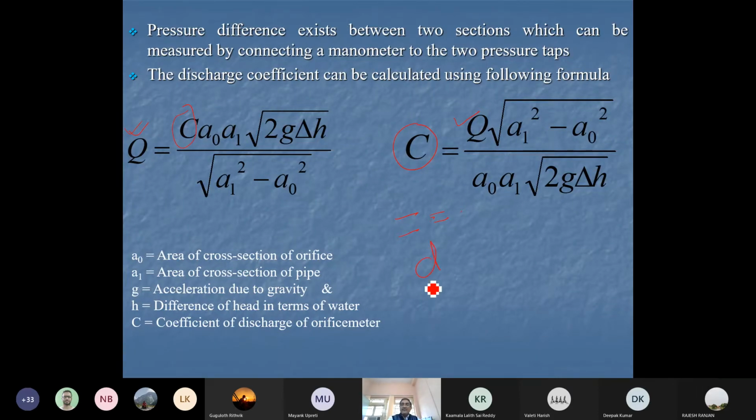In general, it has a d by D ratio of 0.6. That d is the diameter of the venturi or orifice opening, and capital D is the diameter of the pipe, and for our particular experimental setup in the laboratory the ratio is 0.6. And the diameter of the orifice opening and venturimeter throat is 25 mm.